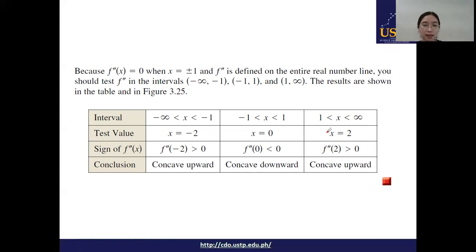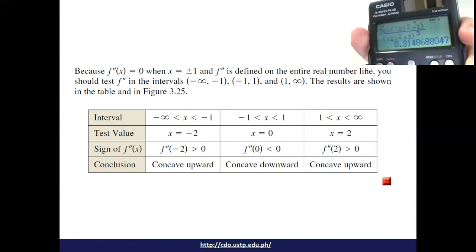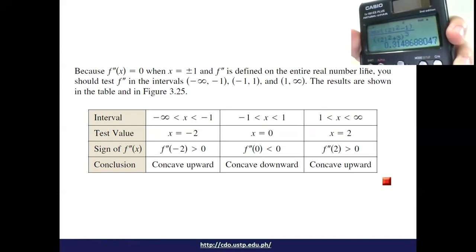So our next test value is positive 2. So we're going to substitute our test value, which is positive 2, into our second derivative. So when we substitute the value of our test value, the answer is positive 0.31486.